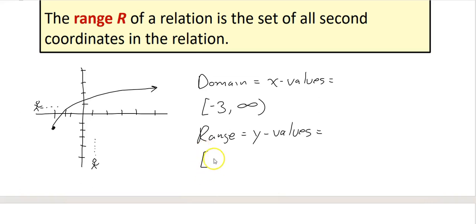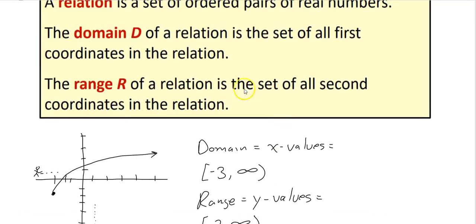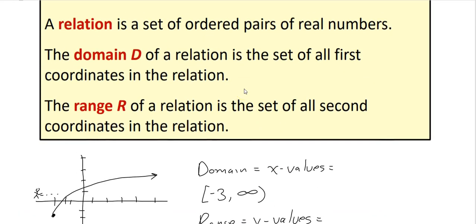So from -2 to infinity, because this line's going to just gradually keep going up very slightly, but it will go up for infinity. So the range is also -2 to infinity. That's what this means. So let's put that in the notes right here. Once again, x values, y values.